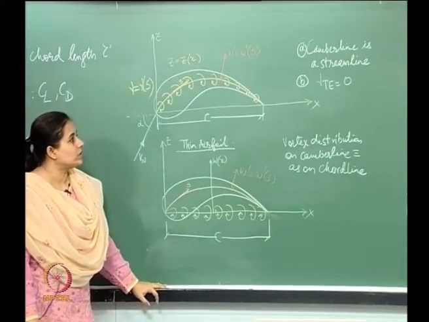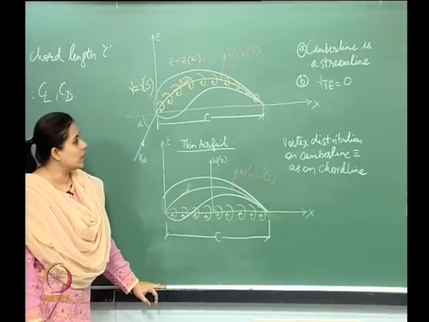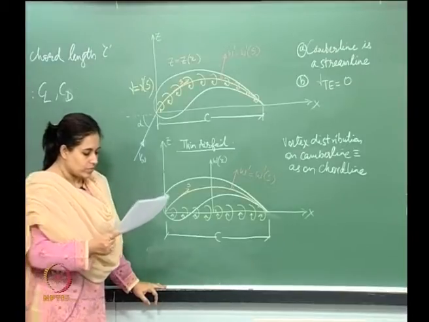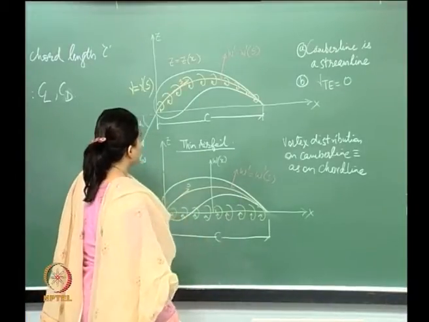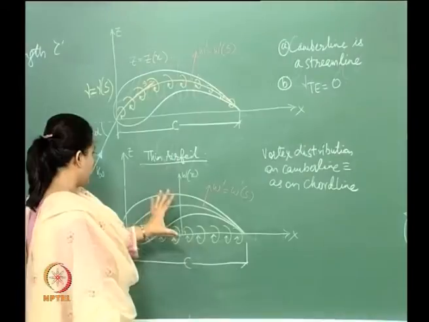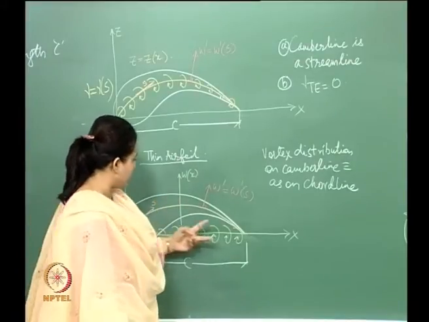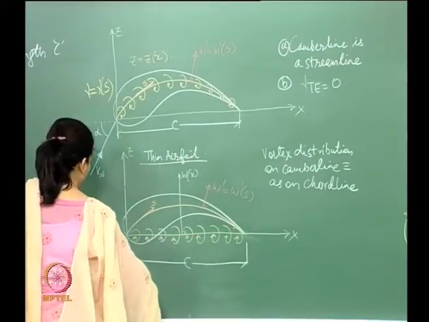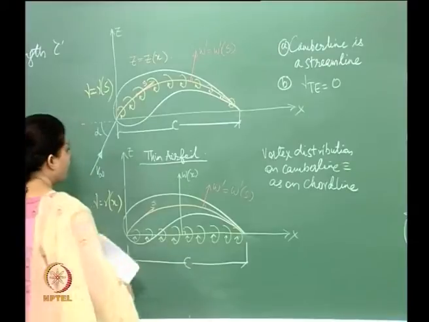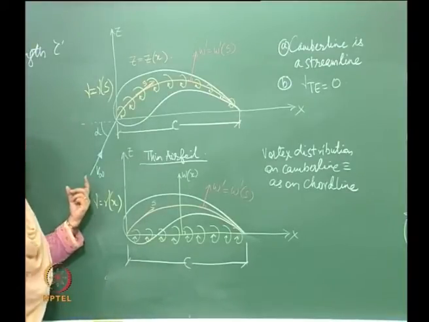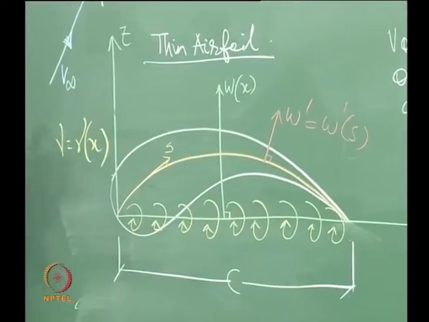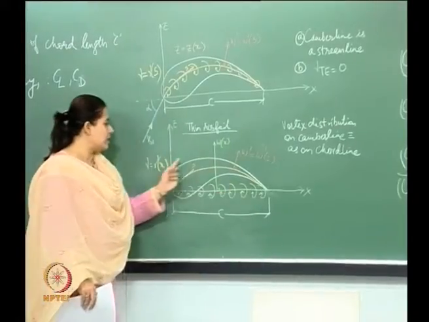Now, the two boundary conditions still have to be satisfied, which is that the Kutta condition has to be 0. The gamma s still remains the same. We need to define the strength of the vorticity in this particular case, where still the camber line is the streamline.